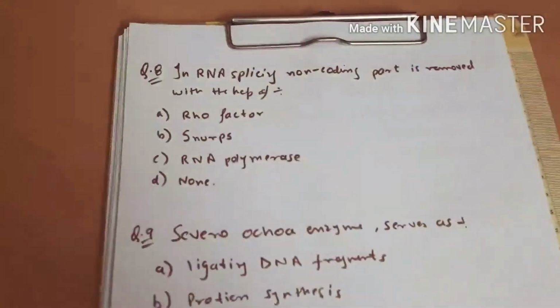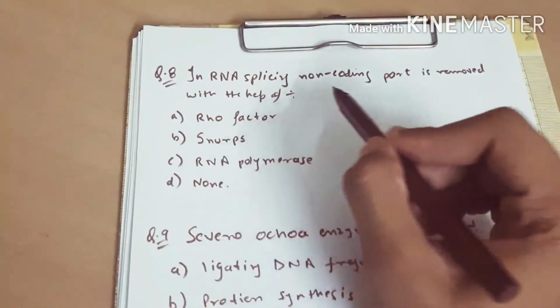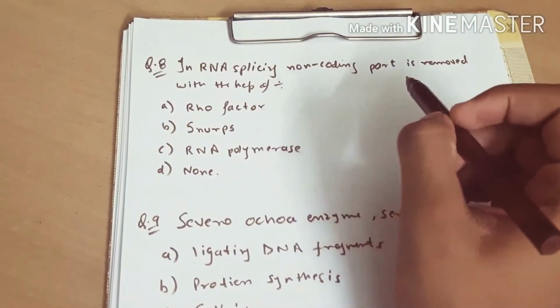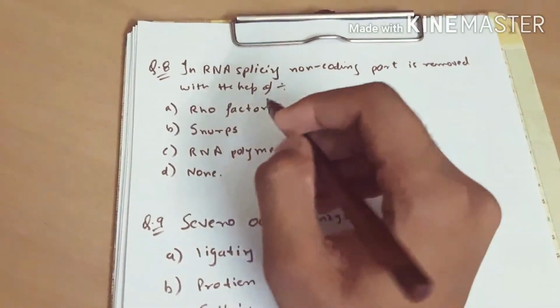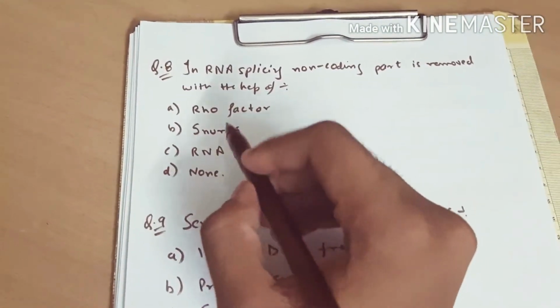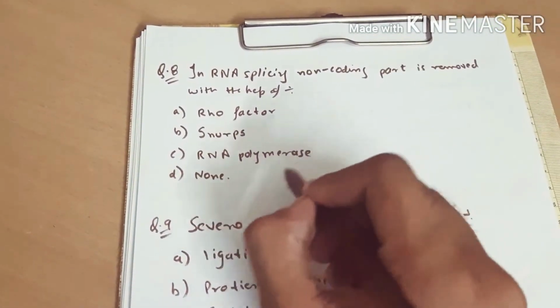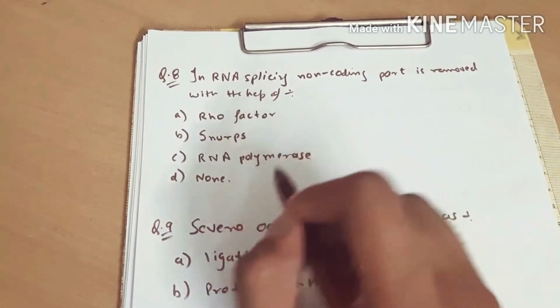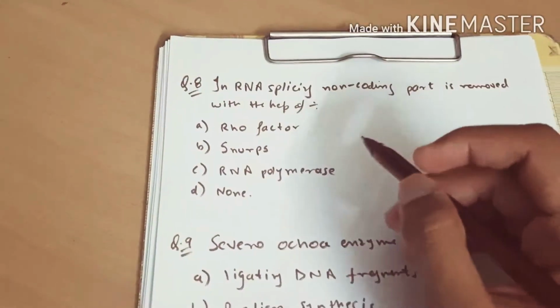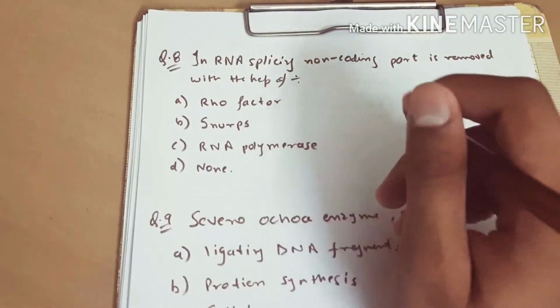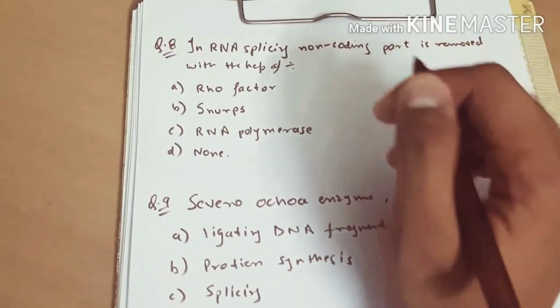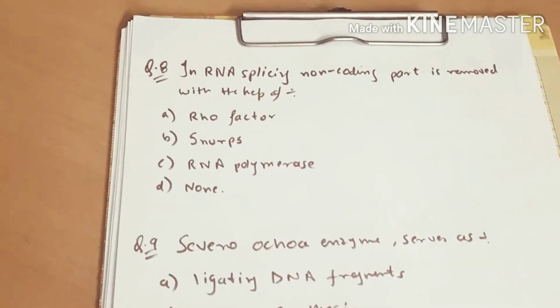Question number 8 says, in RNA splicing, non-coding part is removed with the help of Rho factor, snRNPs, RNA polymerase, or none. When you know the terms, it becomes simple and guessing the answer will be incorrect.